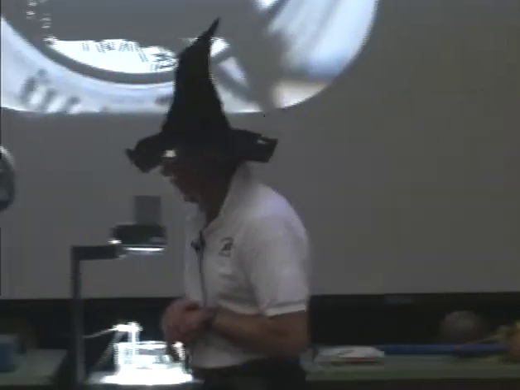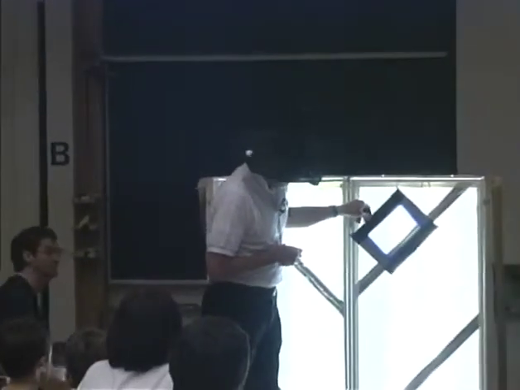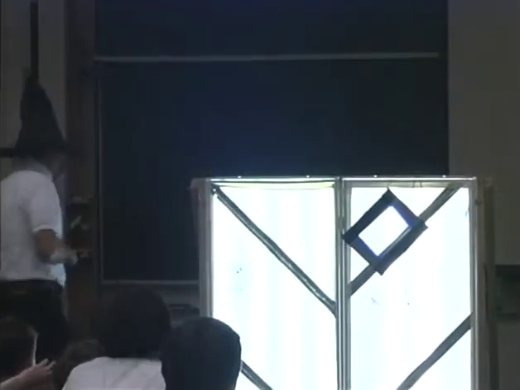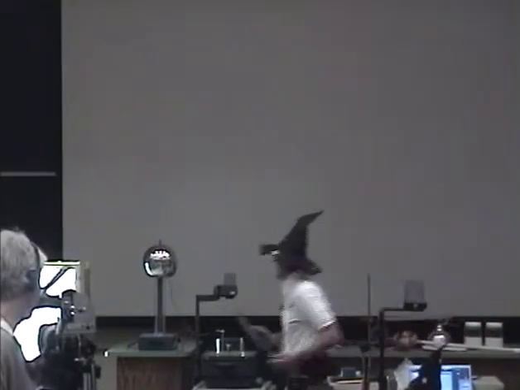So we'll just finish up. If you get out your optics kits, you can see that we have a big liquid crystal cell here, which is switching on and off.